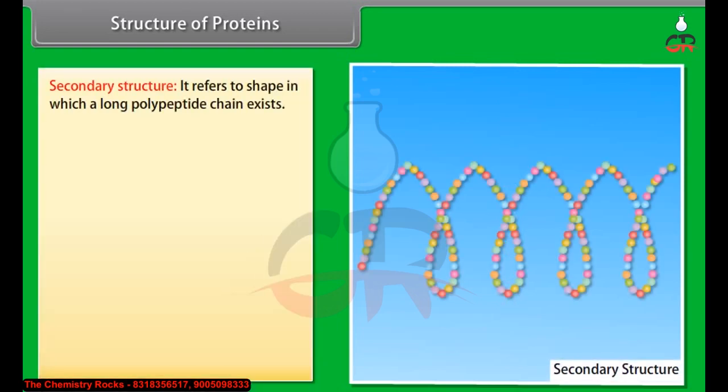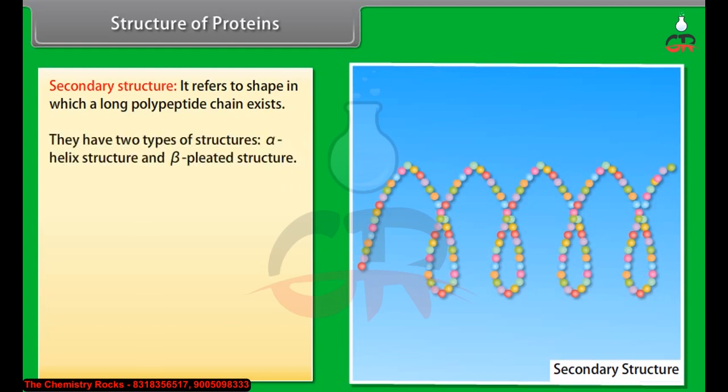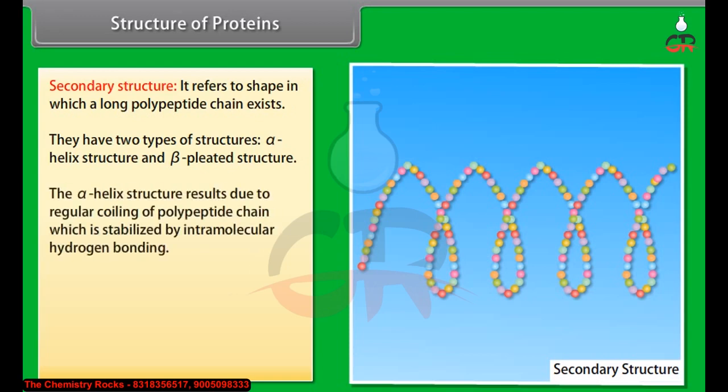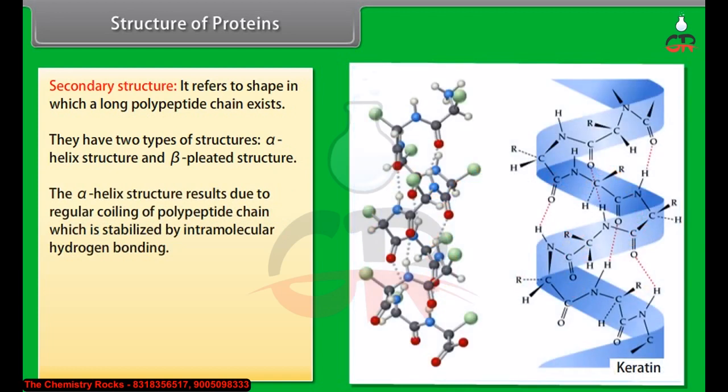Secondary structure. It refers to the shape in which a long polypeptide chain exists. They have 2 types of structures: alpha helix structure and beta pleated structure. The alpha helix structure results due to regular coiling of the polypeptide chain, which is stabilized by intramolecular hydrogen bonding, for example, keratin.